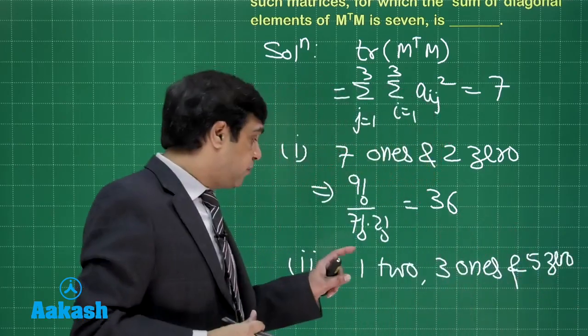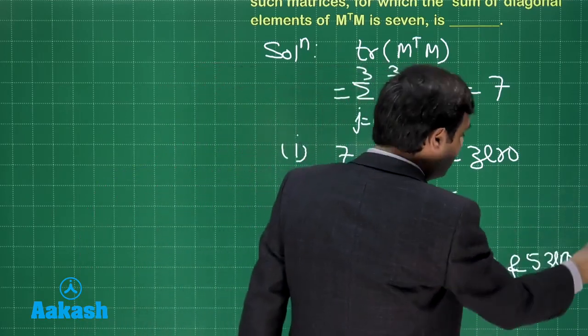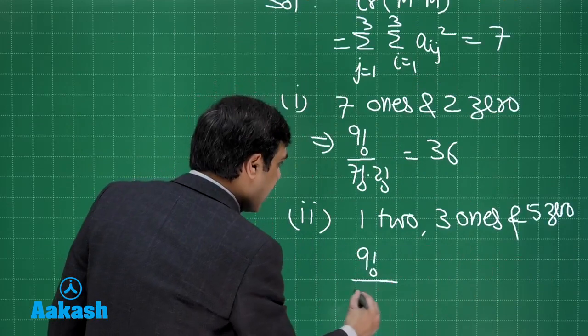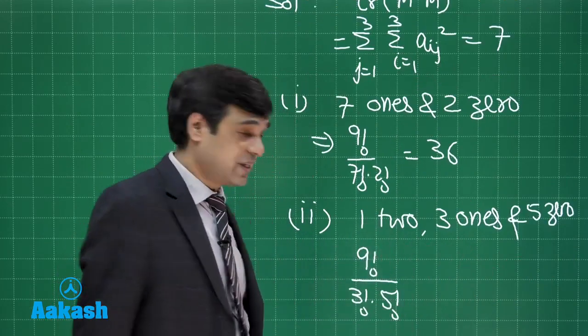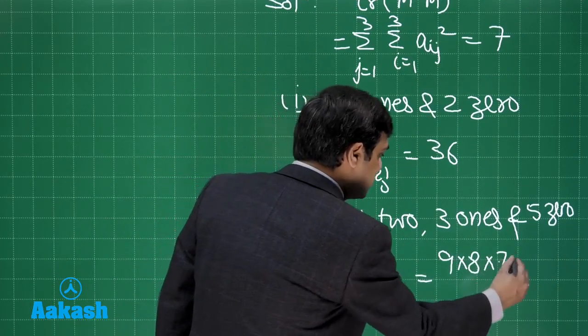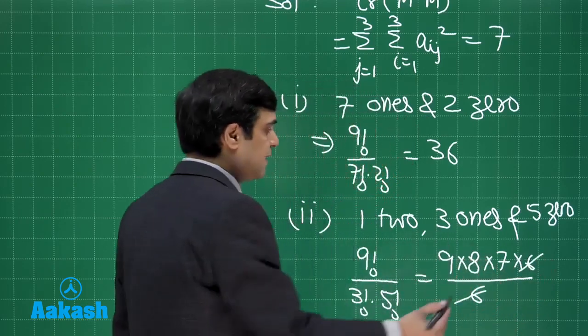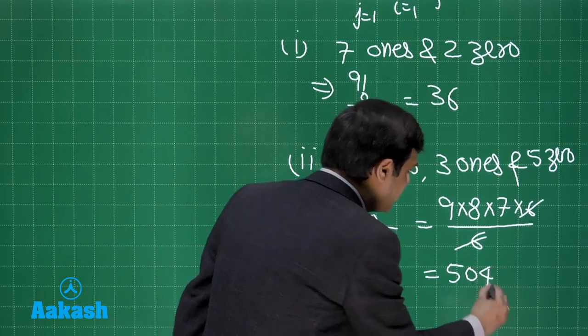Now, we have to put these entries into 9 places. So how to put it? Simply arrangement is there. 9 factorial divided by 3 factorial into 5 factorial into 1 factorial, you can say. So this gives you 9 into 8 into 7 into 6 divided by 3 factorial, which is simply 6. So this is equal to 504.